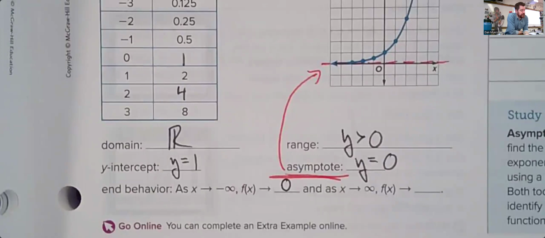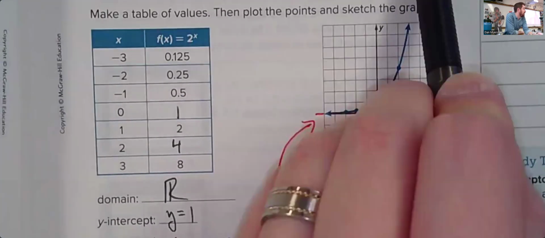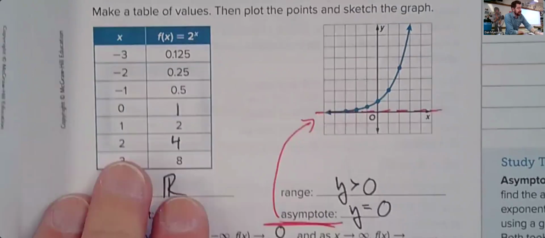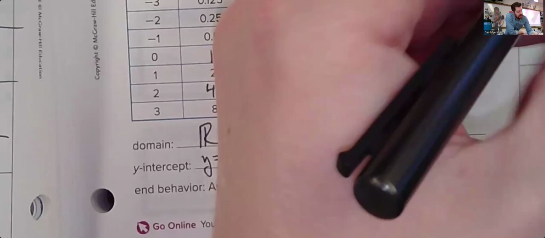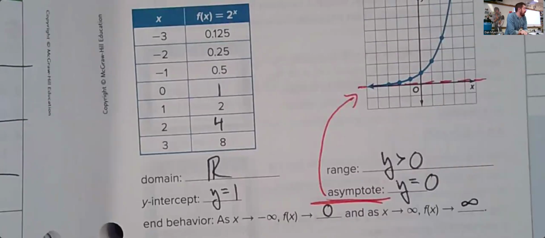Okay. It's approaching the asymptote. The asymptote's at 0. And then as x goes to positive infinity, where's y going? To positive infinity, yeah. As x goes to positive infinity, y goes to positive infinity, but we don't write plus infinity, we just write infinity. So f of x goes to infinity. So that would be the graph and the characteristics of the graph.